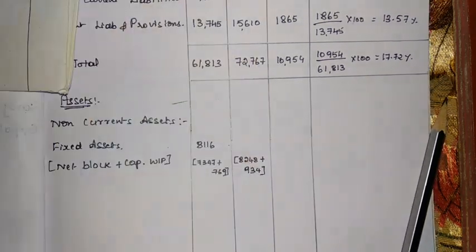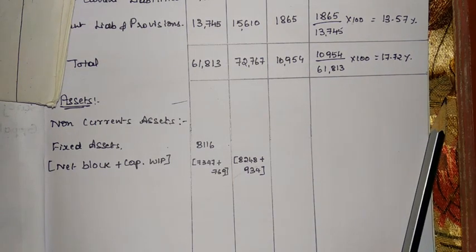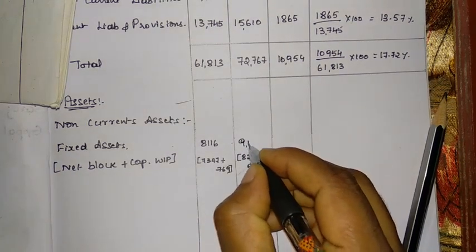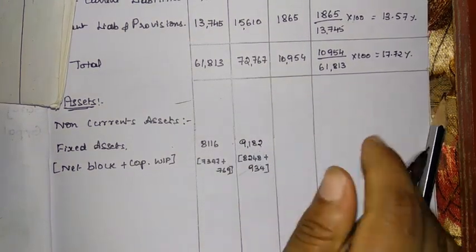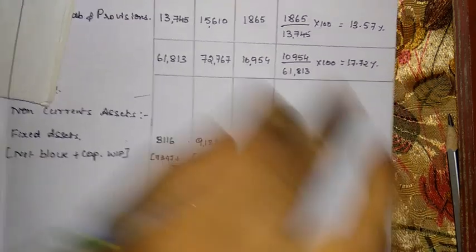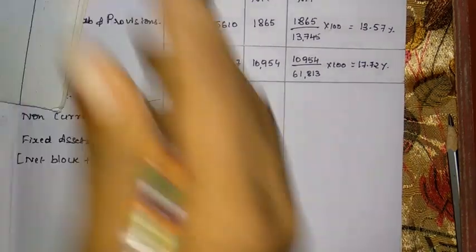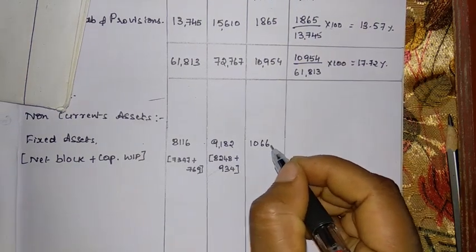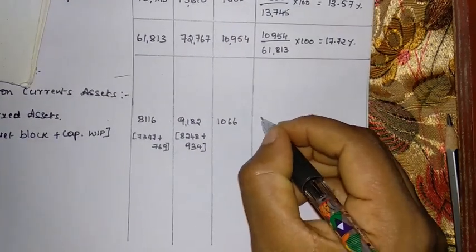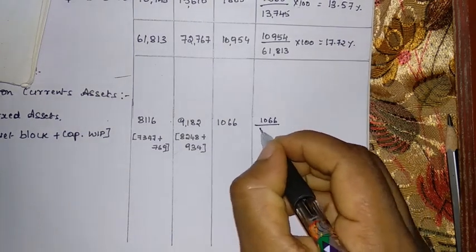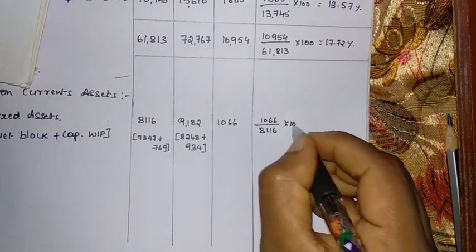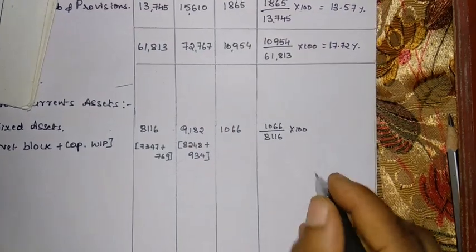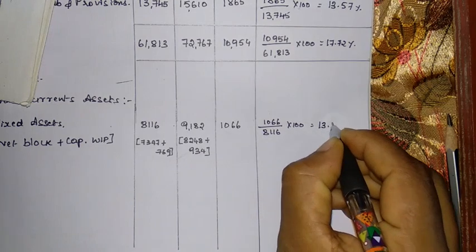So total is 9,182. So there is an increase in fixed assets of 1,066. Changes in percentage, change divided by base year value into 100, that is 13.13%.